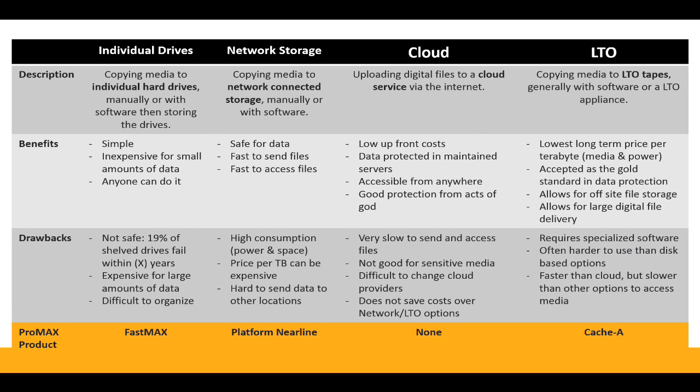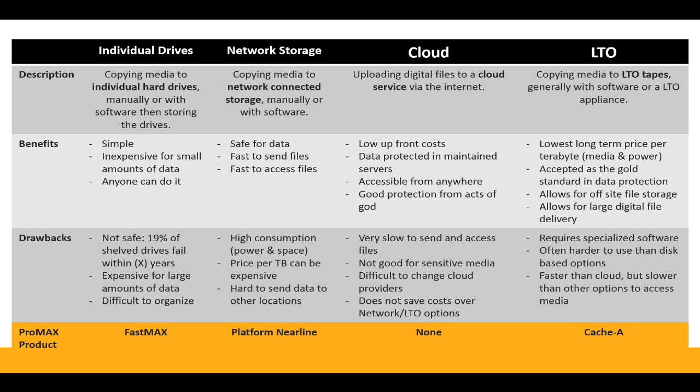And then last but not least, LTO. If you're not familiar with it, LTO is linear tape, and it's literally a digital tape. The downsides of LTO are that it requires special hardware and special software, like the cache system we're talking about, so it doesn't have the ease of normal drives where you just plug it in and go.